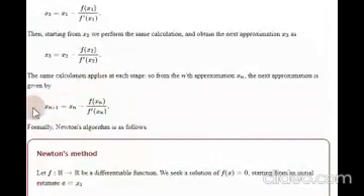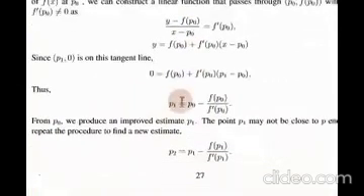This is the first iterate, then we can find the second iterate, and this goes on. This is the general one: the (n plus 1)th iterate is equal to the nth iterate minus f of the nth iterate divided by f prime of the nth iterate. So this is the formula for Newton's method.